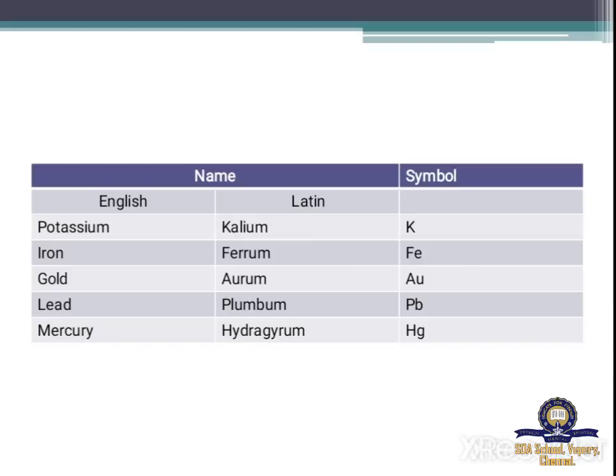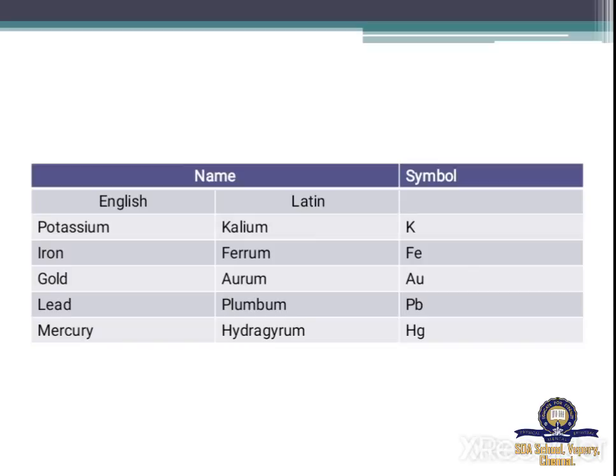The third one is gold, whose Latin name is aurum. The symbol is Au. Here also the first two letters were assigned as a symbol. The fourth one is lead, whose Latin name is plumbum. The symbol for lead is Pb.